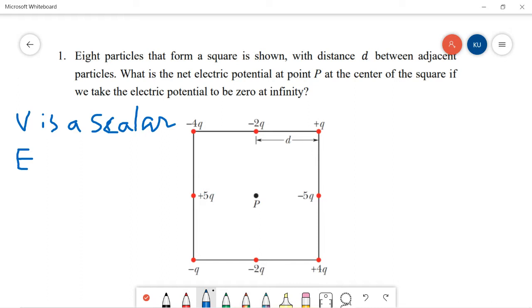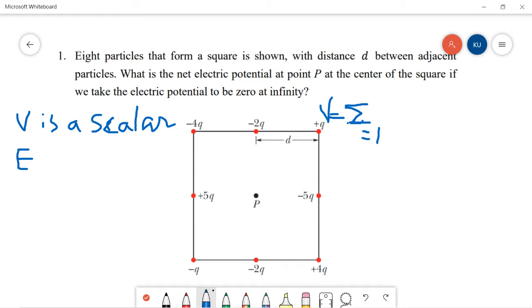So if you just write V equals summation k equals 1, maybe we shouldn't use k, because k is a variable that is frequently used in this course, which is 1 over 4 pi epsilon 0.